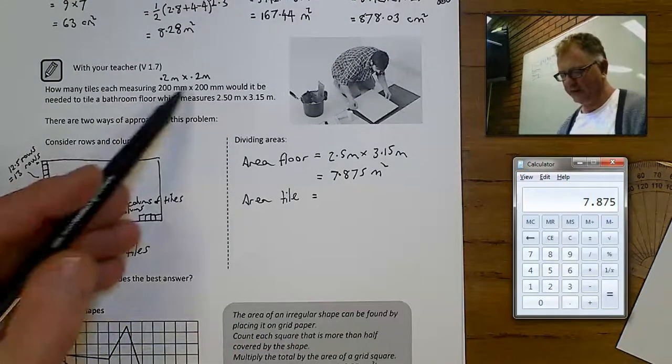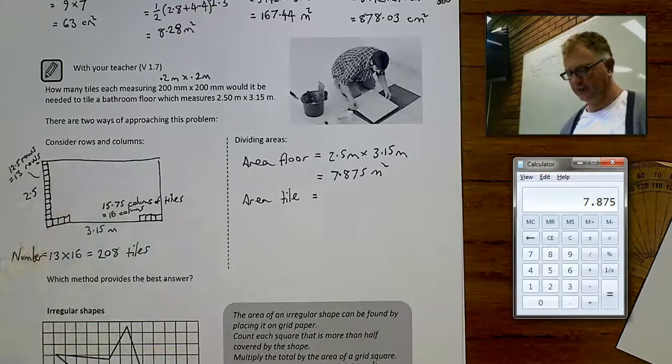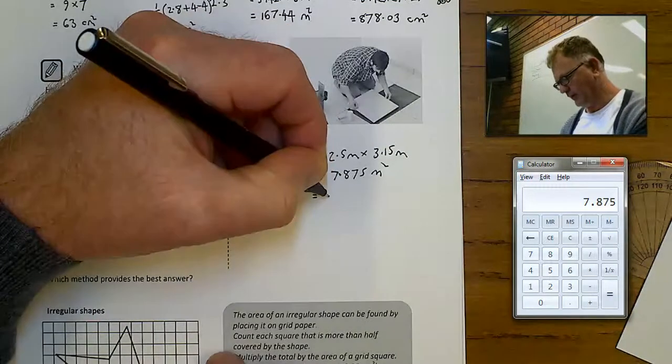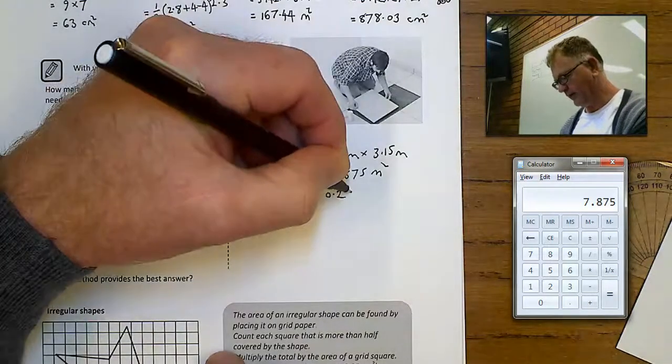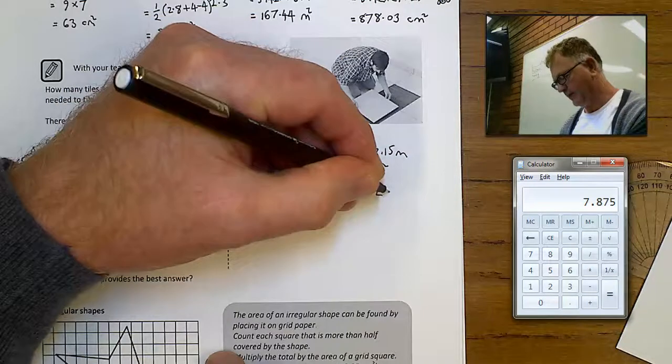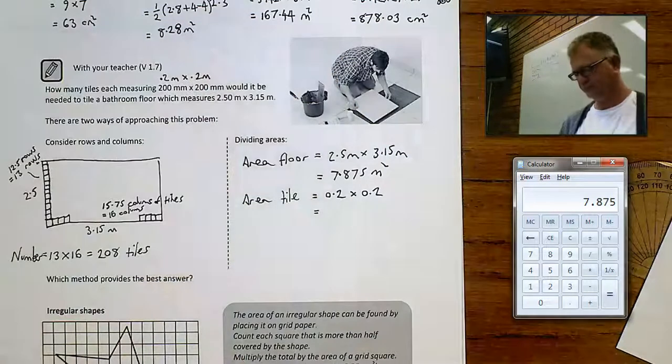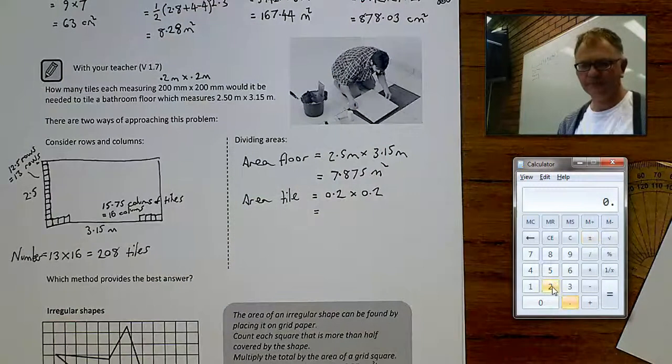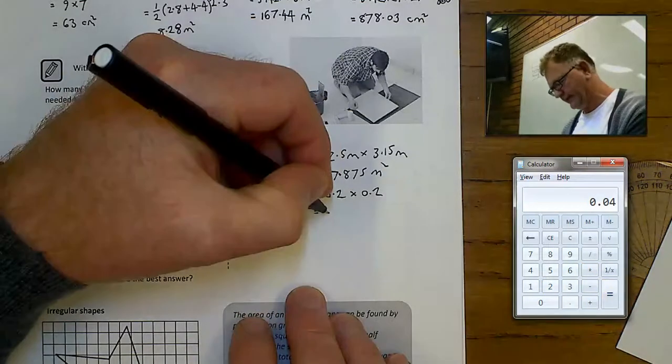Make sure we're using these dimensions here that we've got in metres. So each square tile measures 0.2 of a metre times 0.2 of a metre, which equals 0.04 metres squared.